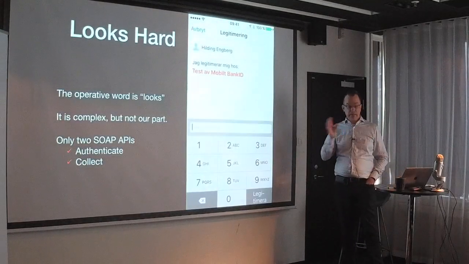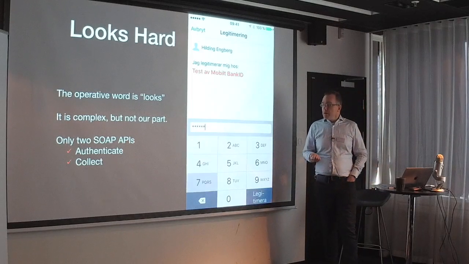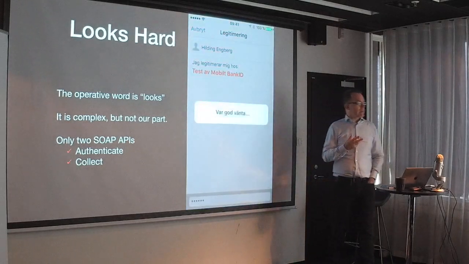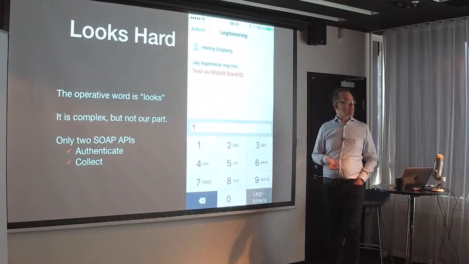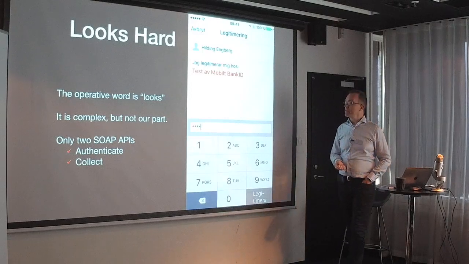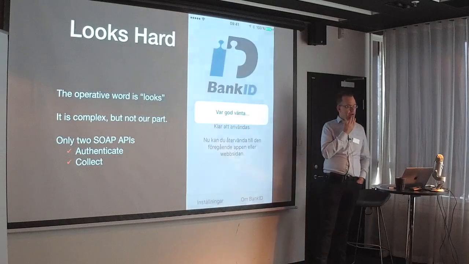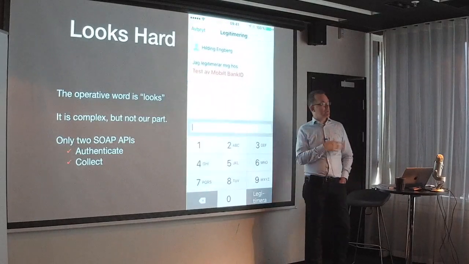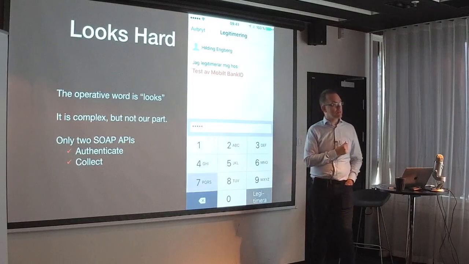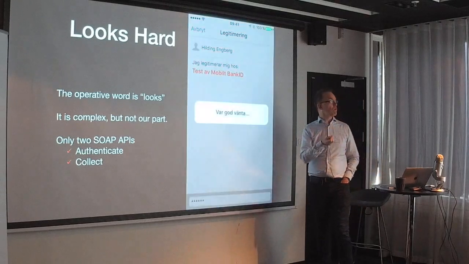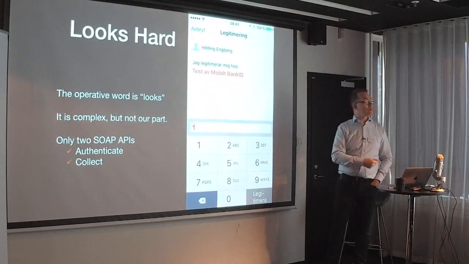And the thing is that it looks very complicated with all these things. But as with all great things with APIs, we don't have to deal with much of that at all. It's very easy to integrate. We will be looking at 2 SOAP APIs. Here, Authenticate, which says, here's a request for you to challenge someone to prove that they are the right person. And the other one is the polling function to test the status of this login.